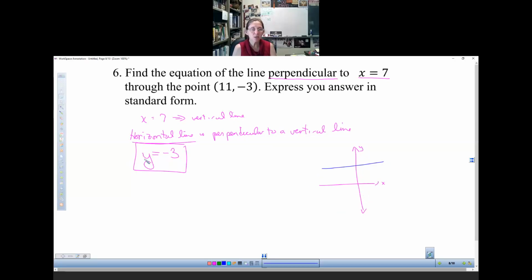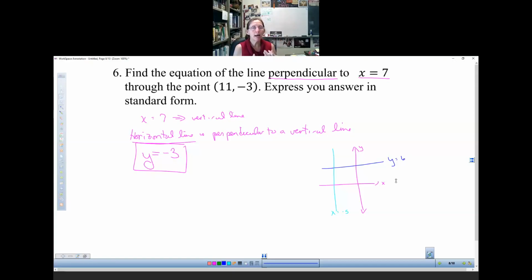So that's why it's the y equals something equation. Your vertical line crosses the x-axis, and that's why it's the x equals something equation. So maybe x is equal to -5, and maybe this one y is equal to, I don't know, 6 or something weird like that, okay?